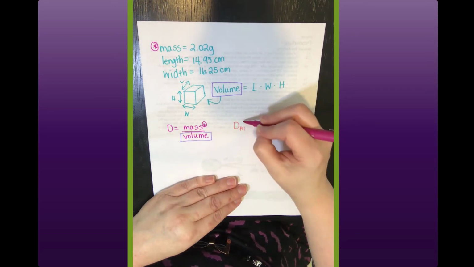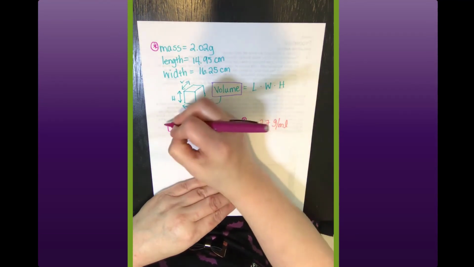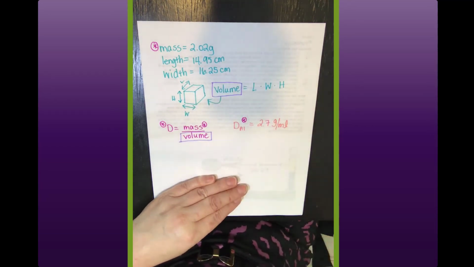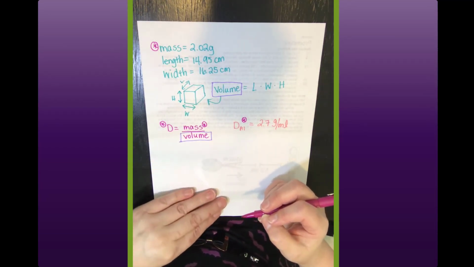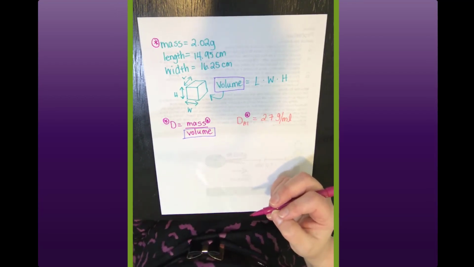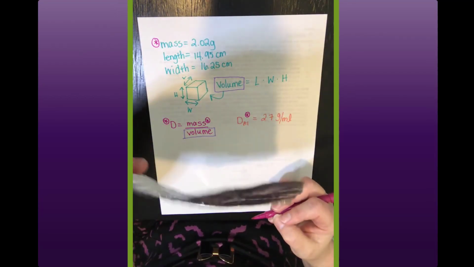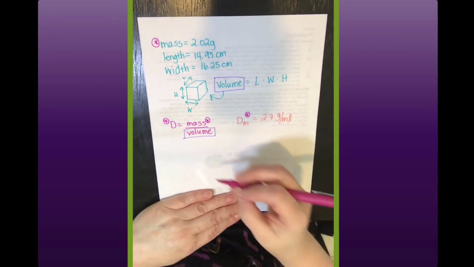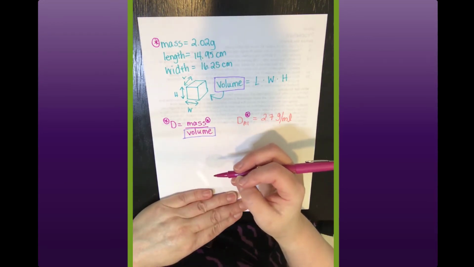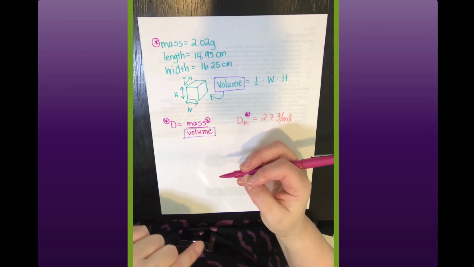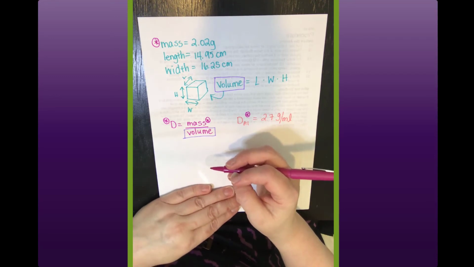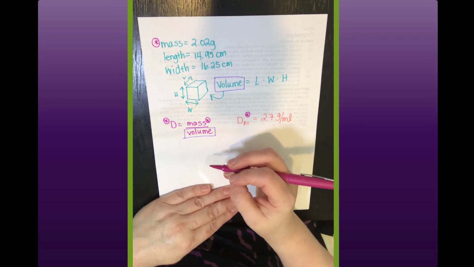And we have the density of aluminum, so we have this. So if we rearrange our equation, we can determine what the volume is of our piece of aluminum foil. We learned in physics, and we've learned in algebra how to rearrange equations so that we can solve for the different variables.